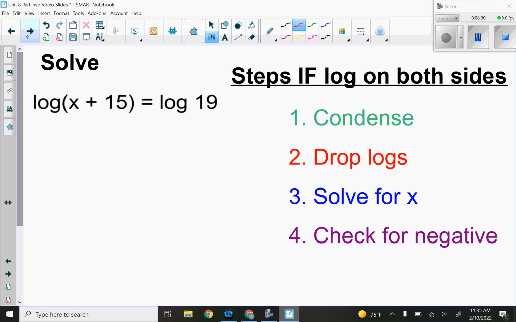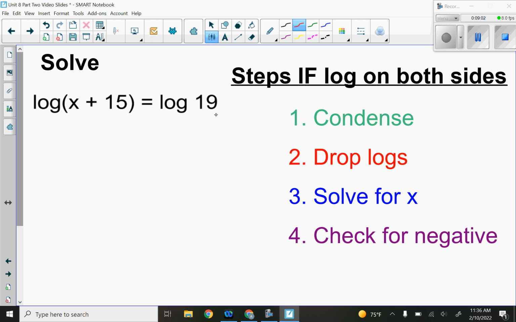Right, now this problem's a little different because we see logs on both sides. If we have logs on both sides, we're still going to condense, but once we've condensed, in this case we have log of x plus 15, can't condense that, and log of 19, we can't condense that. Since these have the same base, we can drop the logs.